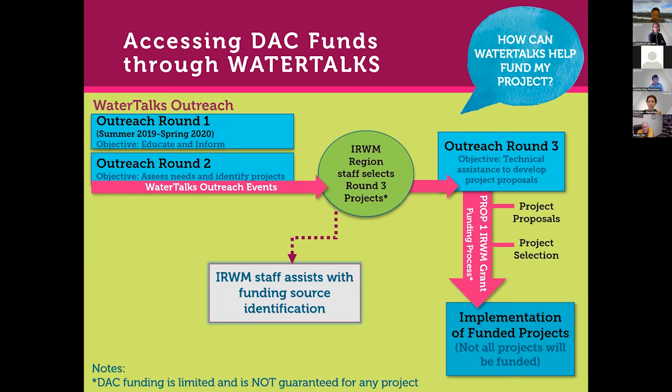And we're now getting over into the right side of this diagram where we're actually trying to identify and promote projects for various types of funding that are immediately available under the WaterTalks program. But remember, what you heard earlier was much more comprehensive. So we're drilling down to, one way to think of it is, what can we do for you today? Is the way to think about this.